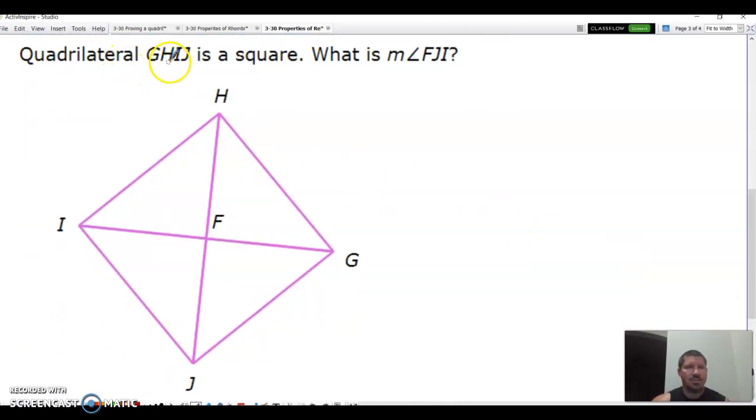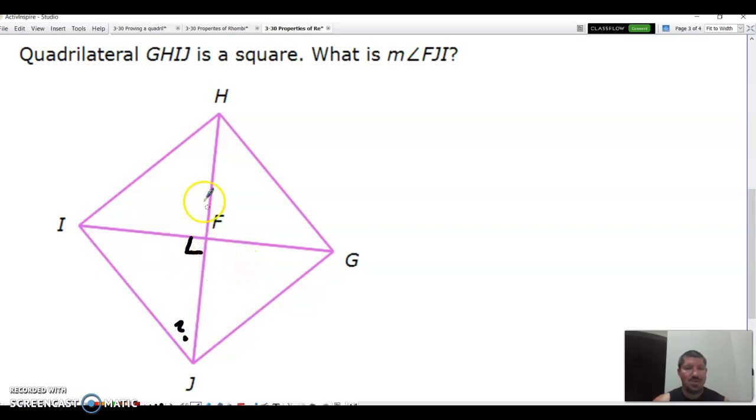Okay, so quadrilateral GHIJ is a square. What is the measure of FJI? Okay, so FJI. So I want to find this angle right here. Well, a couple things. I know that this is a right angle.